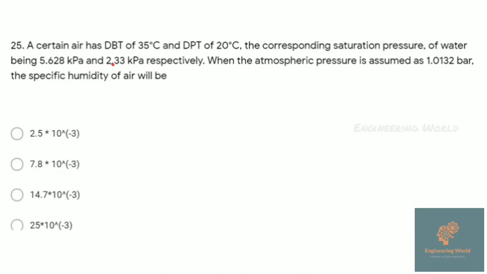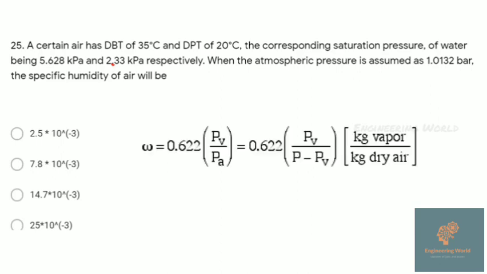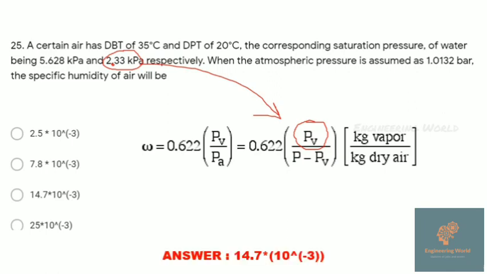When atmospheric pressure is assumed as 1.0132 bar, the specific humidity of air will be. Actually, it is a formula based question. Formula is 0.622 into PV upon P minus PV, where PV is the saturation pressure of that water. So putting in we get 14.7 into 10 raised to minus 3.